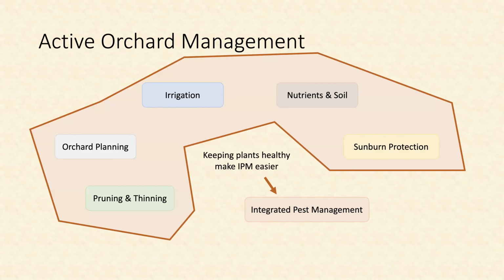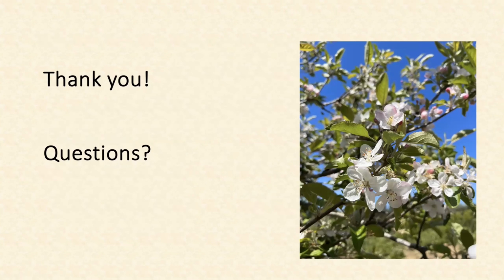Doing all this other stuff to keep your plants as healthy as possible, whether it's through water, nutrients, sunburn protection, etc., will make your IPM job so much easier because your plants will already have their natural defenses. They'll be more resilient. It'll just make your life easier, and it also helps promote regional crop system ecosystem health as well.